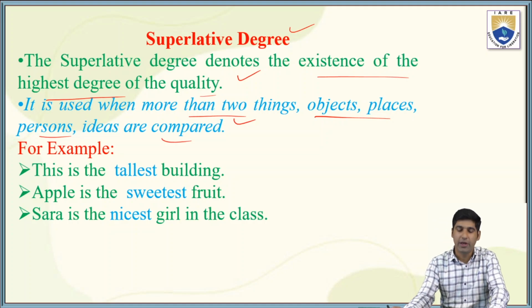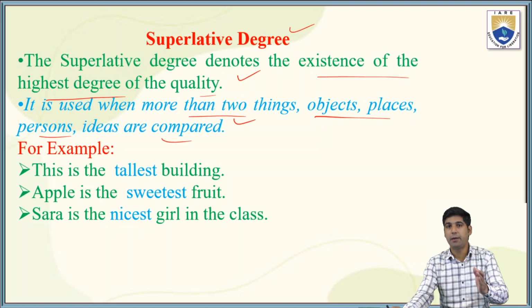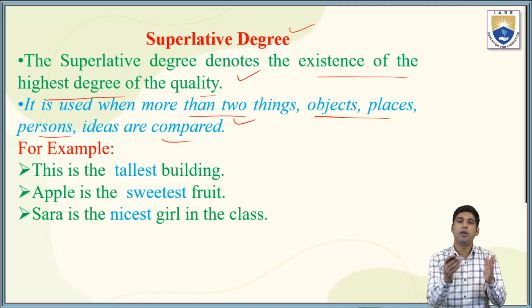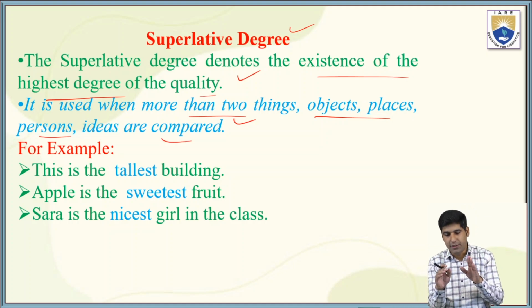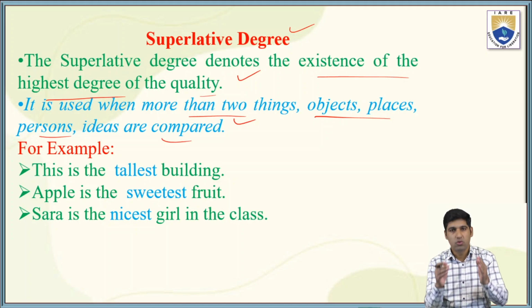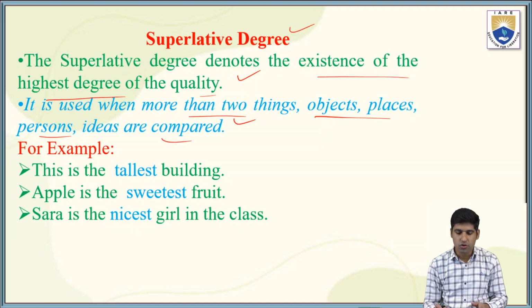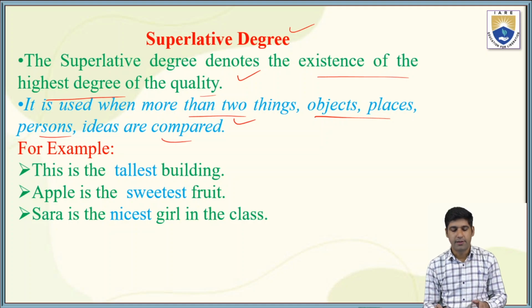For the comparative degree, we make the comparison between two objects, two things, two ideas, and so on. But the superlative degree is used when more than two things, objects, persons, places, ideas are compared.